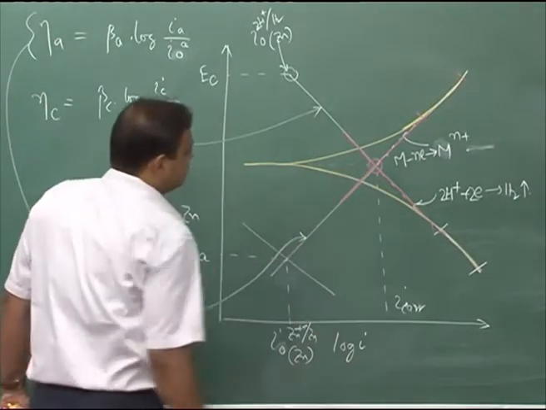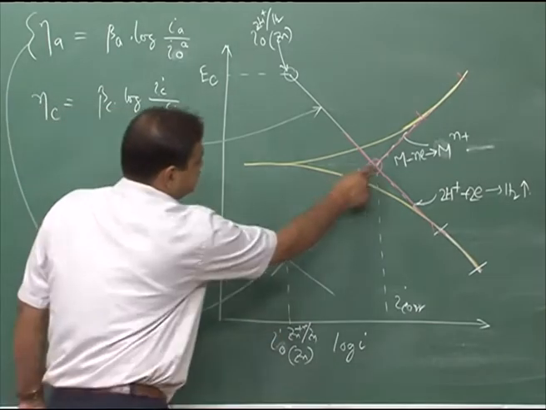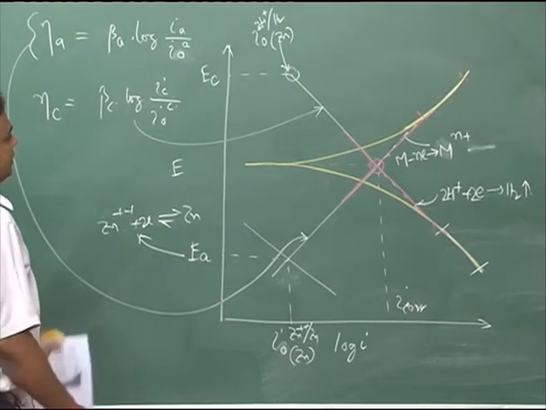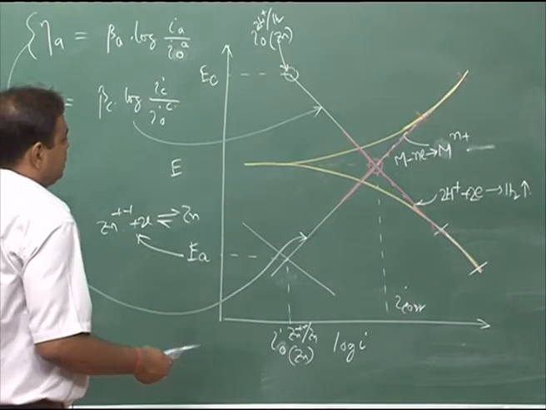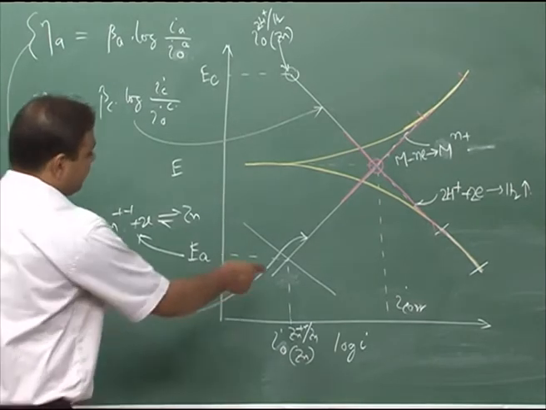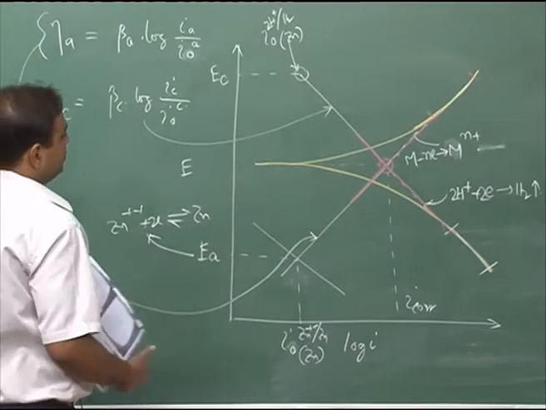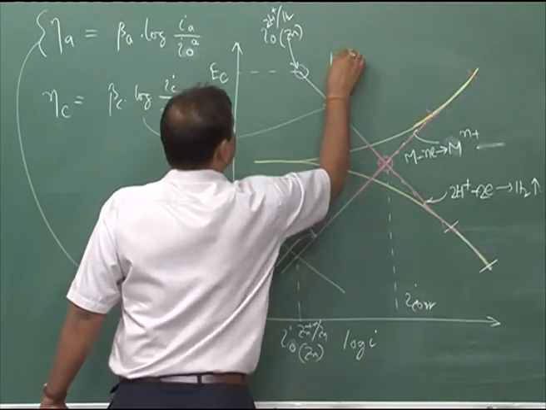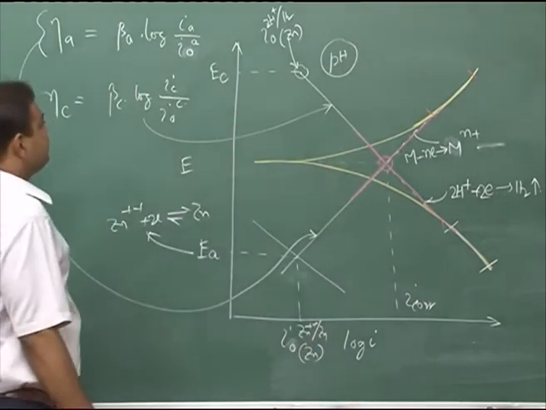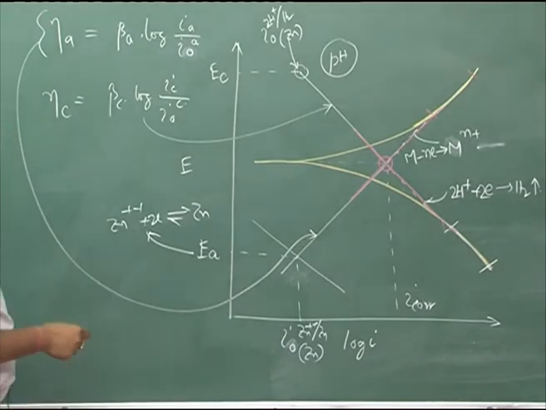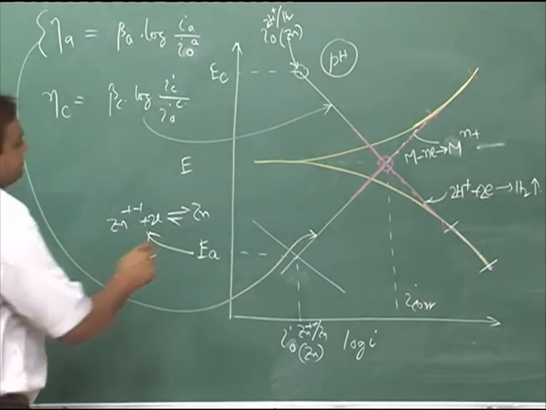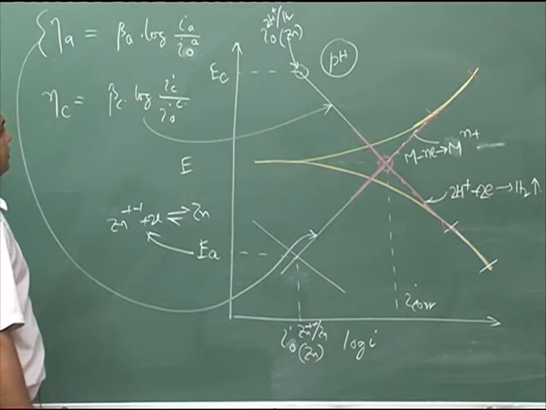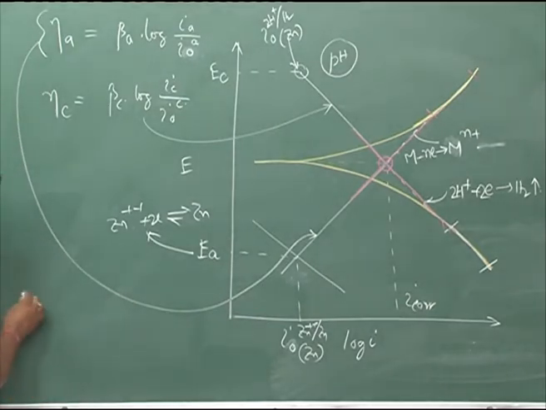And once we know this point, we can easily calculate the value of I cor from the graph, as well as we can also find it out if we know the pH of the solution. Solution pH, if we know, can also give us the value of this. And from the metal surface, if we know what is I 0, now we can have a small equation.